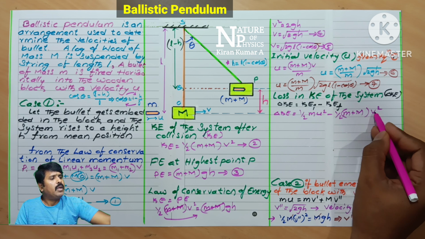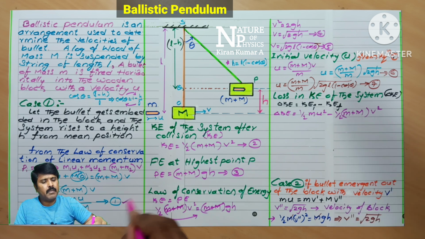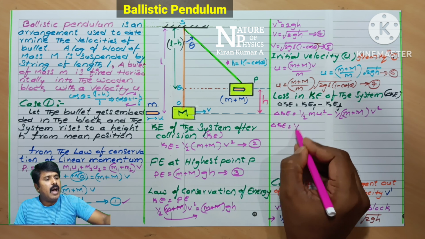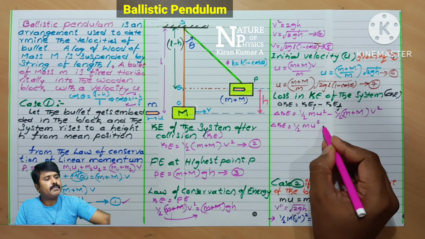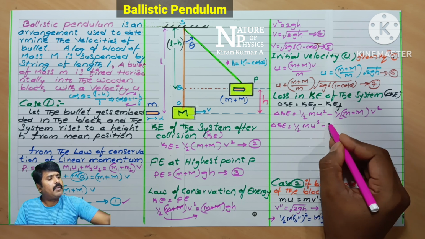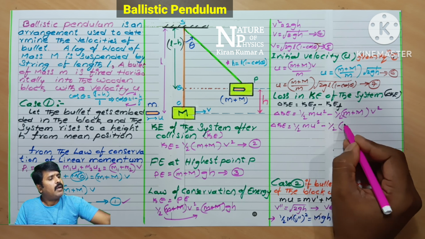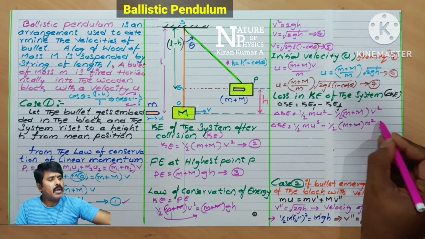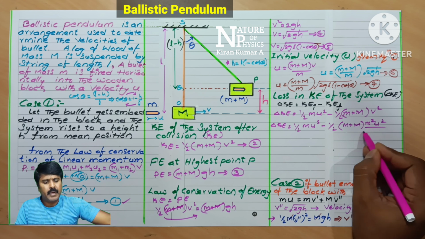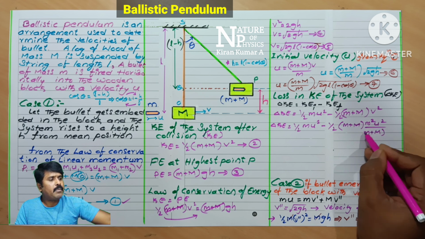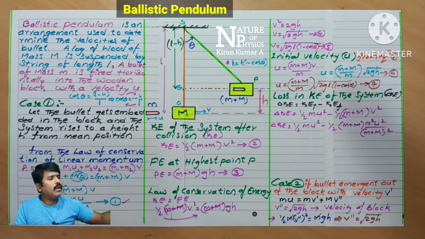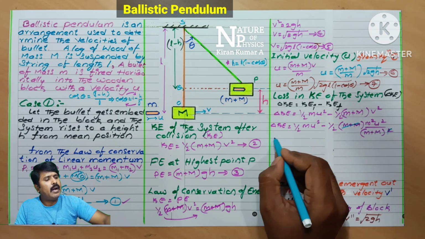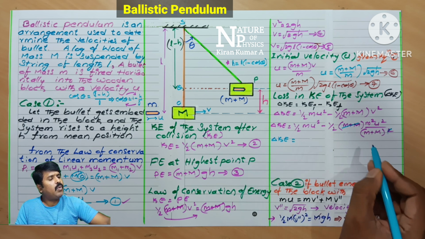Now the v value is replaced from equation number 1, so delta KE is equal to half m u square minus half (m plus M) times m square u square divided by (m plus M) whole square.